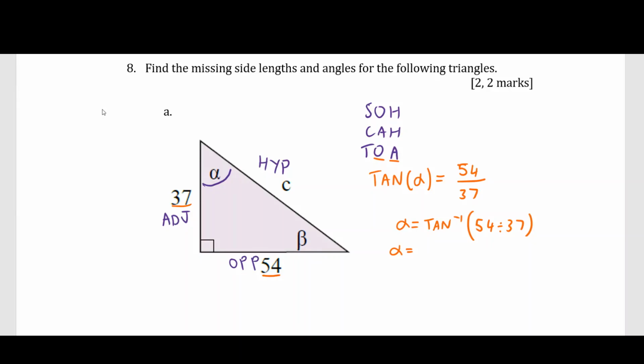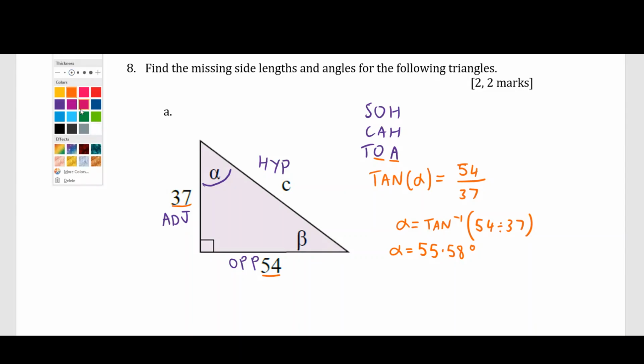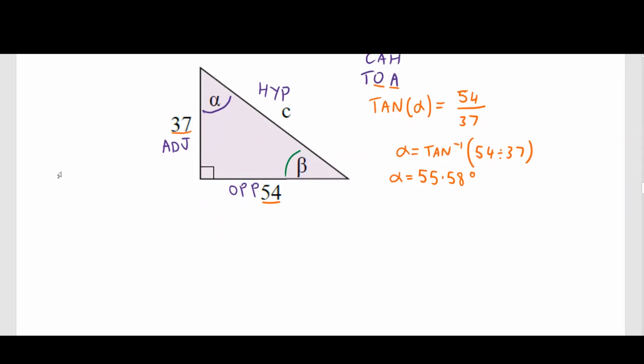Alpha equals 55 degrees. Okay. Next one. We'll do beta. Okay. We've got here adjacent and opposite.